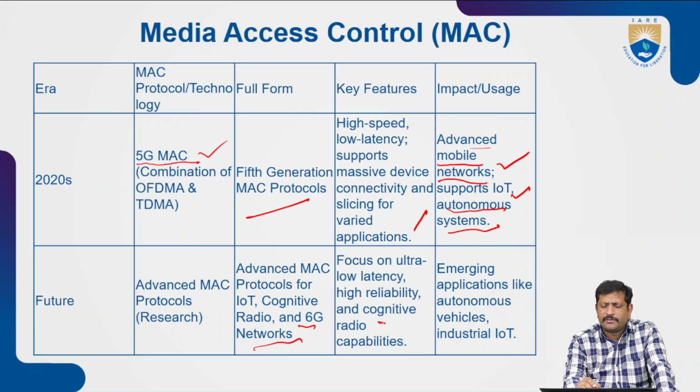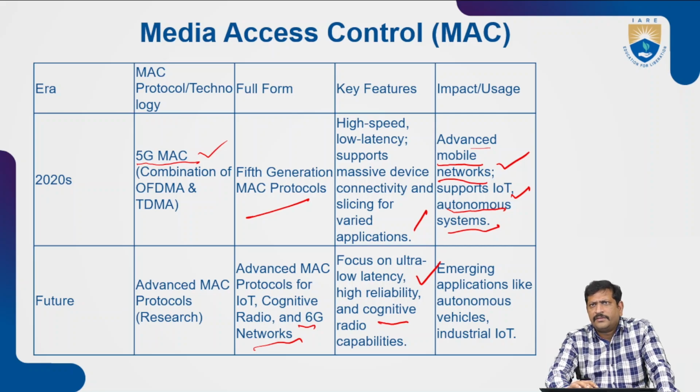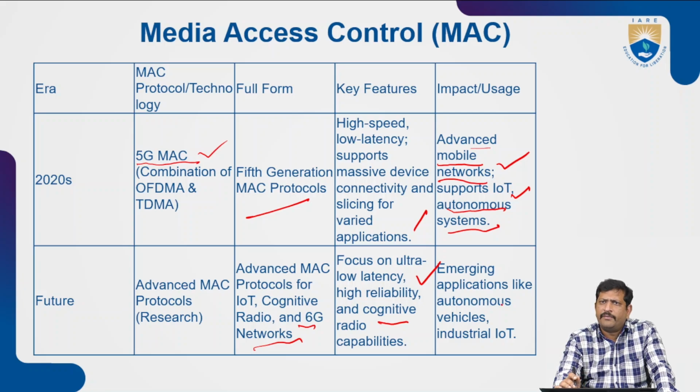The use cases of this future advanced MAC protocol are in emerging applications like autonomous vehicles, automated vehicles, and industrial IoT. In these emerging application areas, the advanced MAC protocol can be utilized.